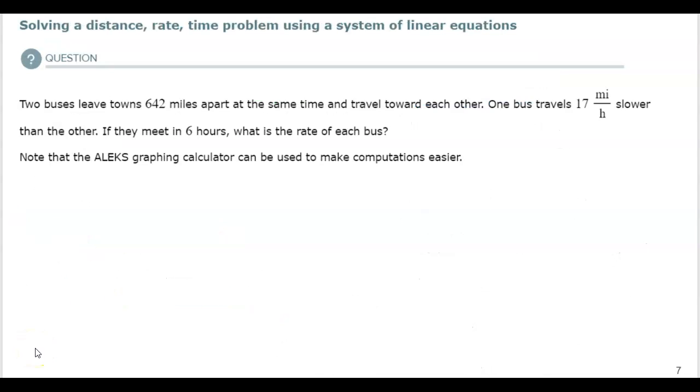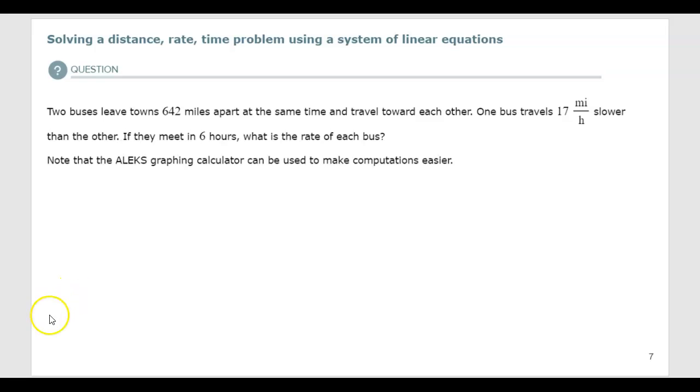Okay, I want you guys to take a second to read this problem on your own. So we have a situation with two buses, and they leave town 243 miles apart at the same time and travel towards each other.